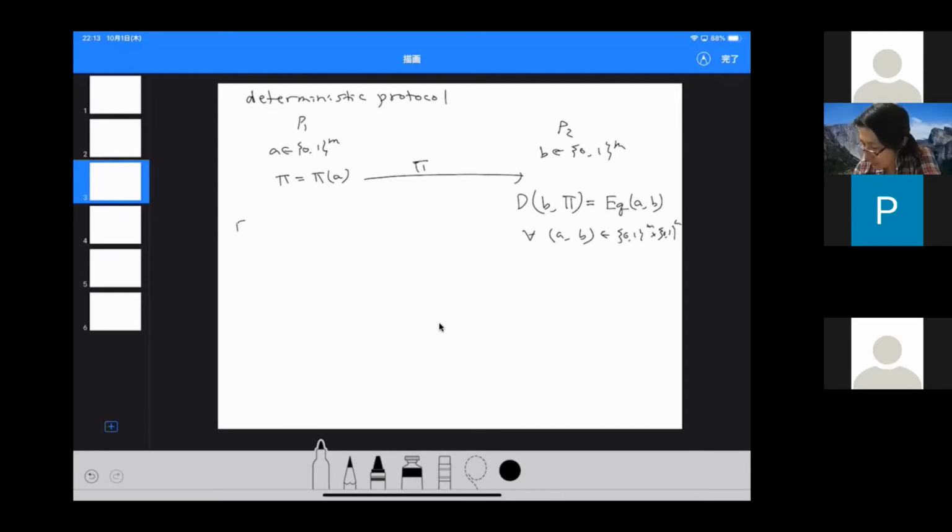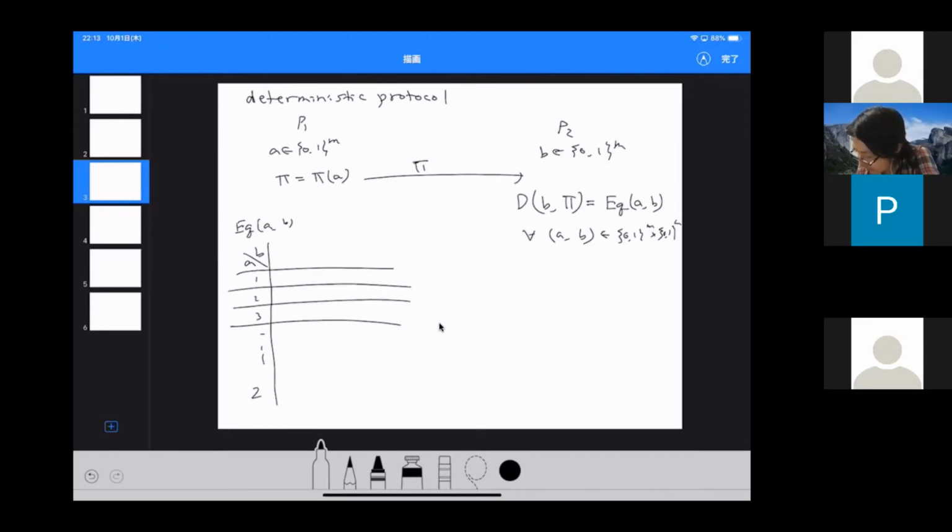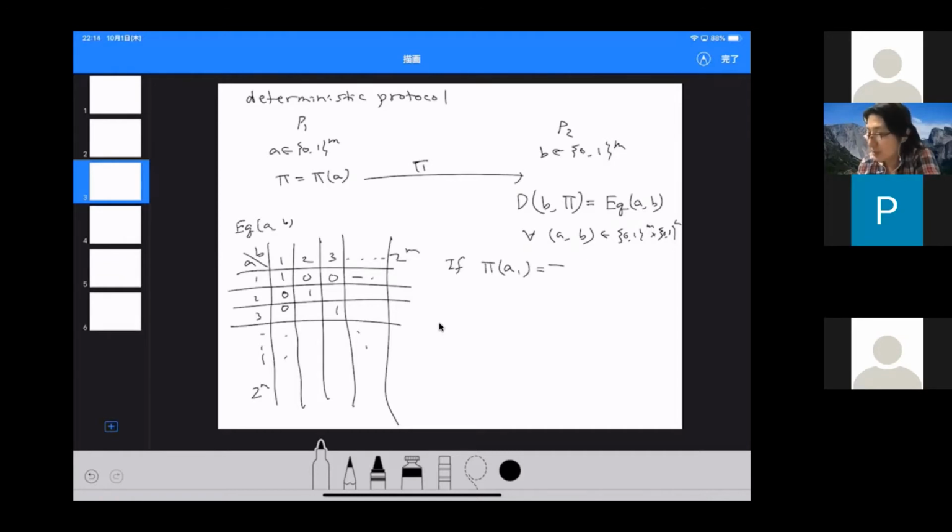So the equality function can be written like this in a function table. If the message for input A1 coincides with the message for input A2, then P2 cannot distinguish A1 and A2.